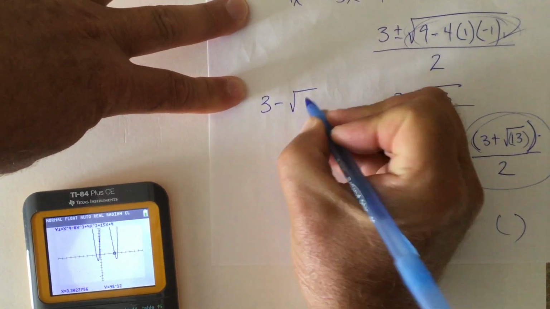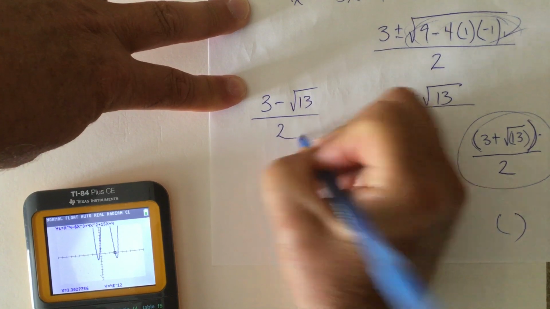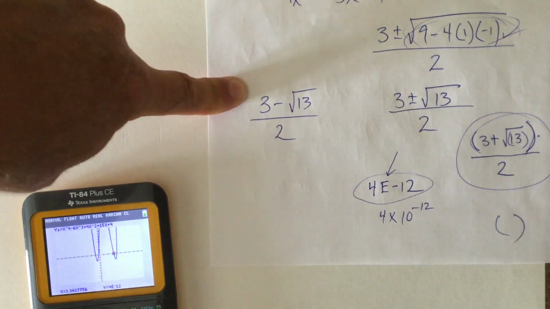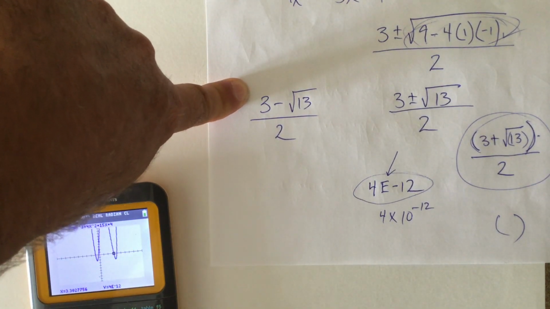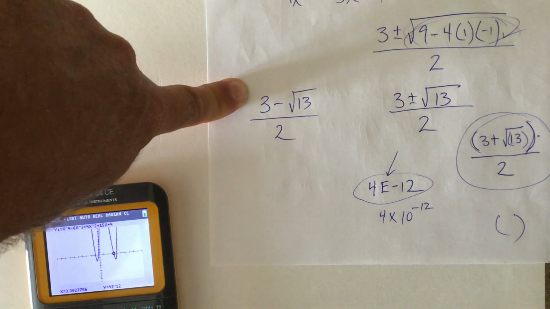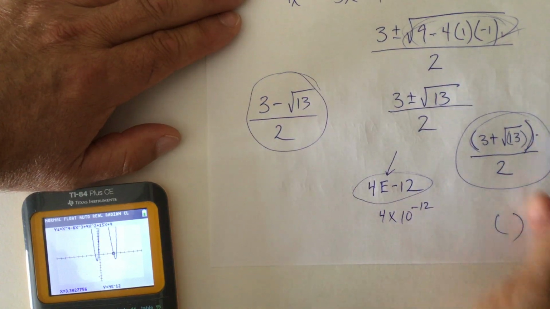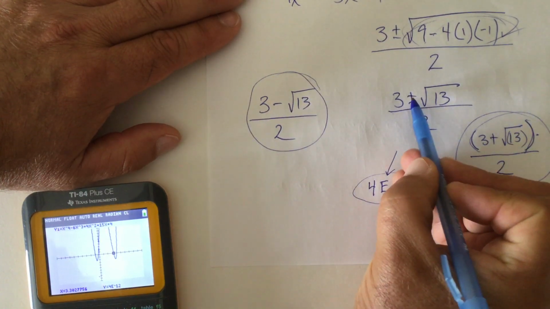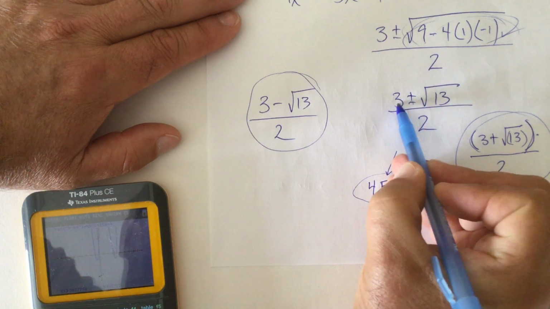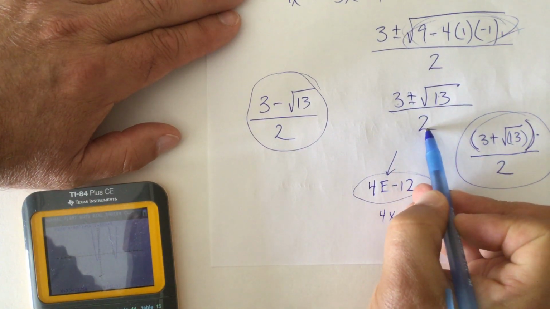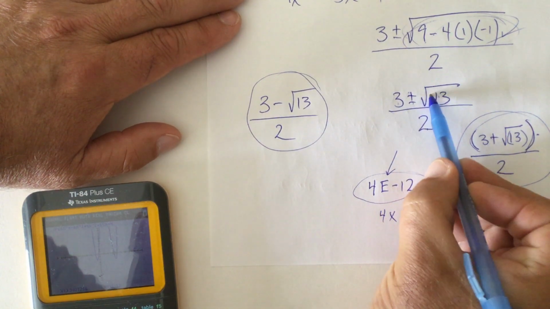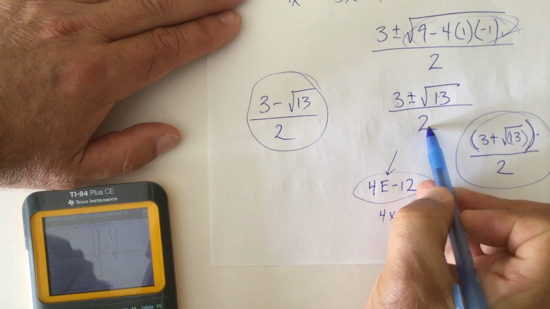Now, the nice thing about it is, if I check this answer, it guarantees that this answer would have also been correct. One thing you're going to realize, whenever you have root answers, they're always two-part answers. 3 plus rad 13 over 2 guarantees that 3 minus rad 13 over 2 is going to be your other answer.